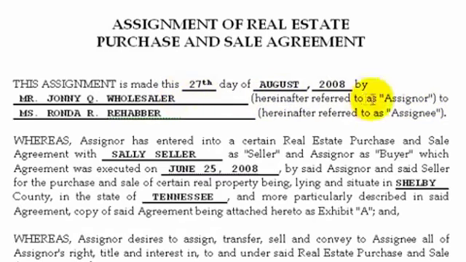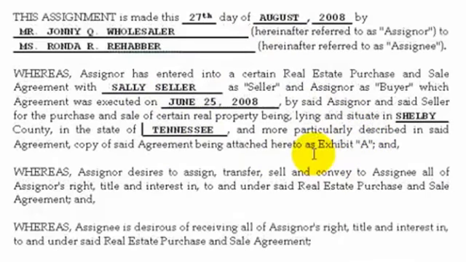I'm the wholesaler, so I'm the assignor, as buyer, which agreement was dated on, and this is of course the date of that contract, not today's date, by assignor and said seller for the purchase and sale of certain real property lying and situate in, and of course you put your county name here and your state right here, and more particularly described in said agreement. Copy of said agreement being attached hereto as Exhibit A. Hereto, what a great word. So basically, your real estate contract becomes an attachment to this assignment, Exhibit A.